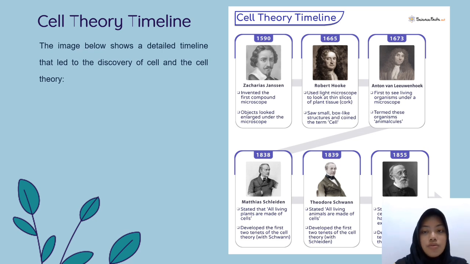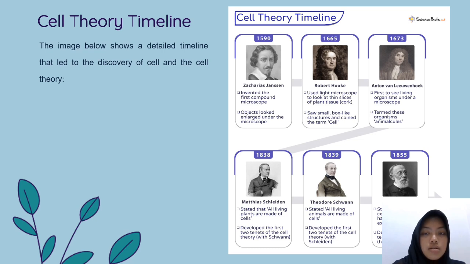And then the discovery of a compound optical microscope by Hans and Zacharias Janssen in 1590 made it even easier to observe and study cells.